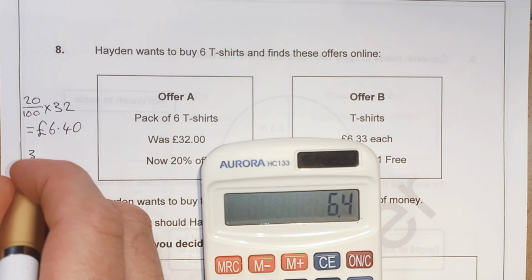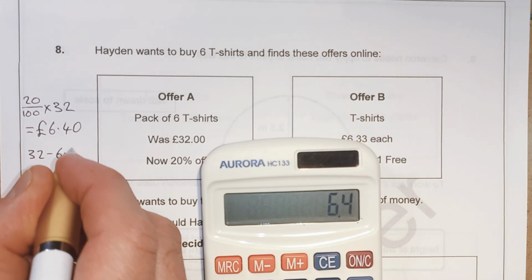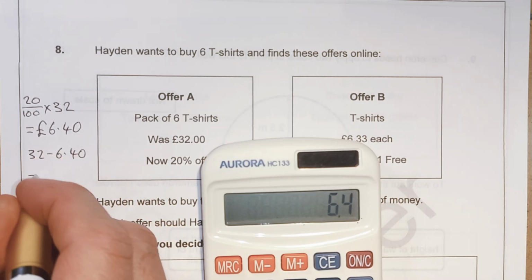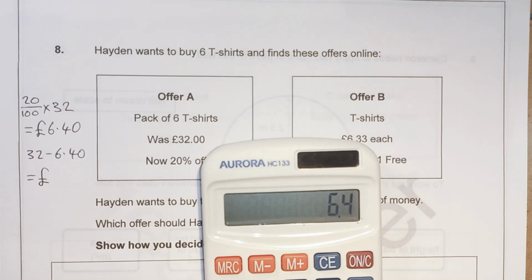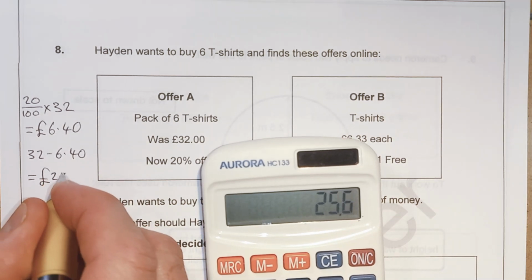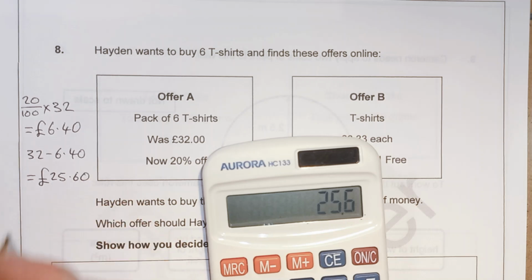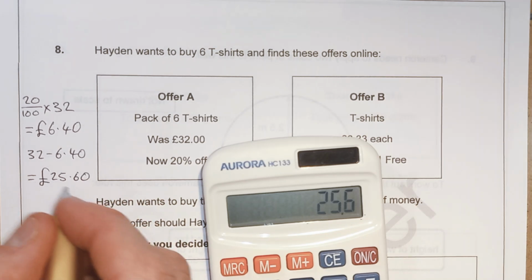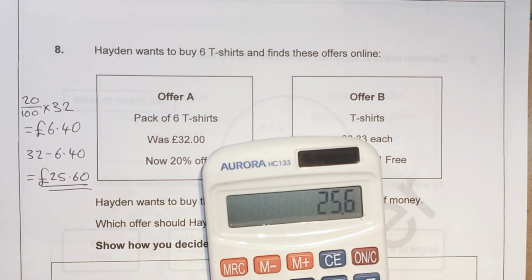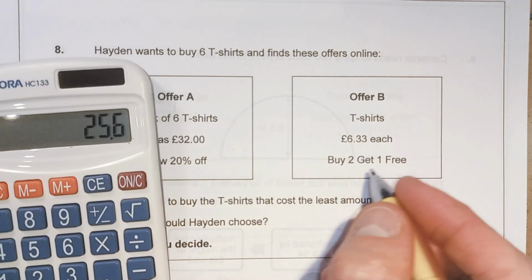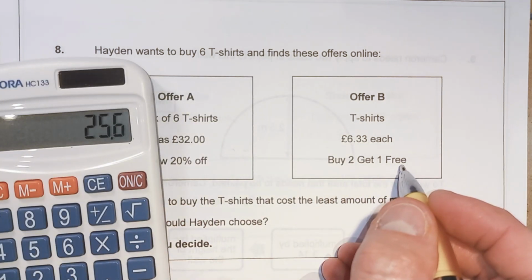We then want to take that away from the original £32. So 32 minus £6.40 gives us £25.60. Now we've just got to work out what it would cost with offer B. So buy 2, get 1 free.